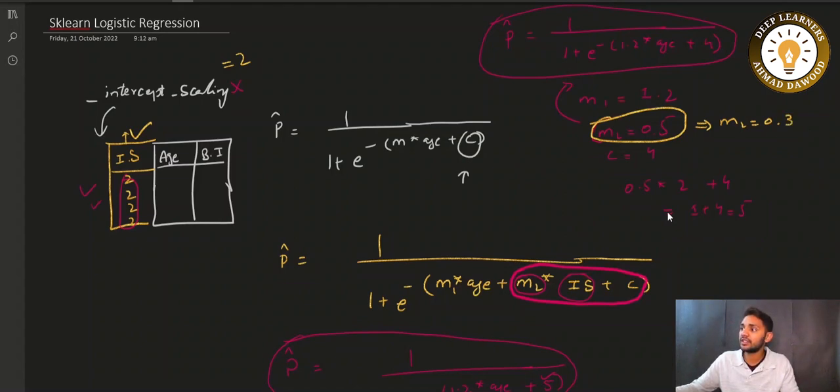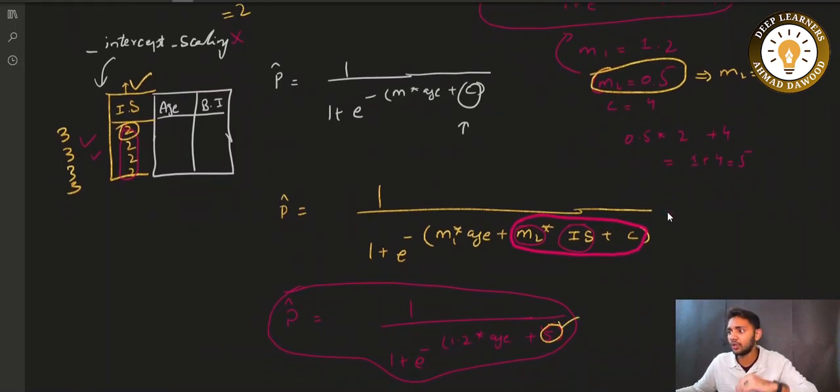And you are interested that your intercept should be 5, then here you can use a larger value. Let's say instead of 2 you can use 3. When you multiply, it will be 3 into 0.3, it will become 0.9, approximately 1, and your output 4 plus 1 is again equal to 5.